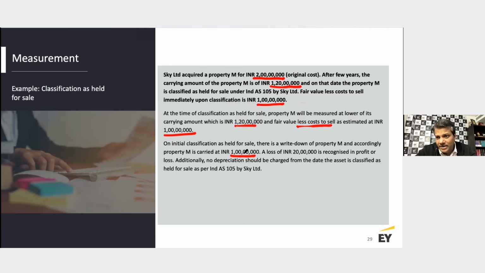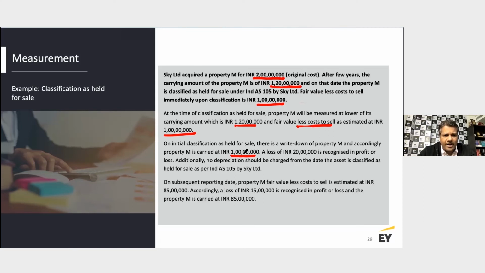The 20 lakh is an immediate loss, which I need to record in my profit and loss account as an unrealized loss. A loss of 20 lakh is recognized in profit or loss. Additionally, no depreciation should be charged from the date the asset is classified as held for sale as per the requirement of Ind AS 105.